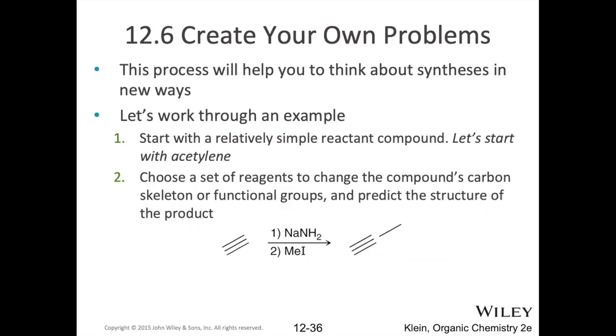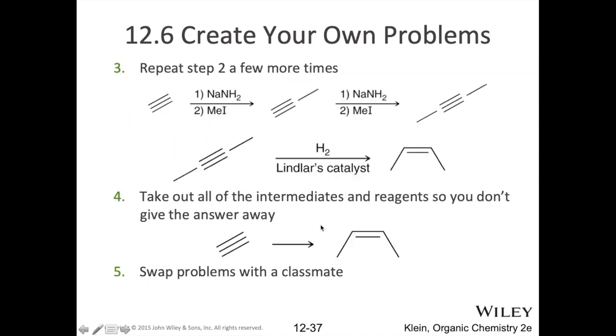So here's an example. Let's say we start off with acetylene. Just think of a few simple reactions you could do to acetylene. For example, we can extend the carbon skeleton, add on this methyl group, to make it propyne. And then from that we could use Lindlar's catalyst and hydrogen to make the cis-alkene.